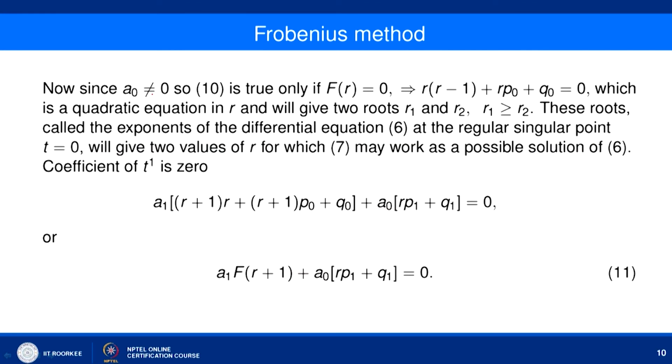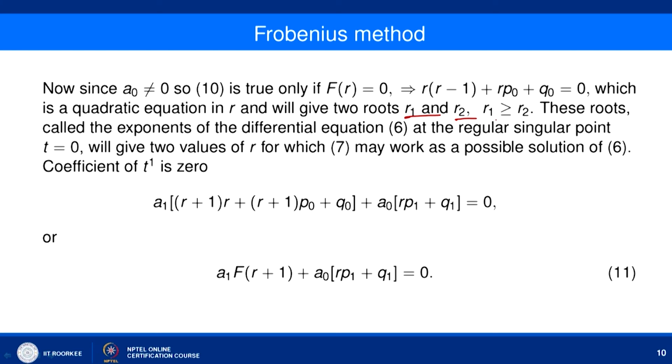So now since a naught is non-zero, this is true only when f of r equal to 0, that is r into r minus 1 plus r p naught plus q naught equal to 0. Now this is a quadratic equation in r, and will give two roots r1 and r2. Here, for the sake of simplicity, whatever the values of r1 and r2, we are assuming that r1 is the larger of these two roots.